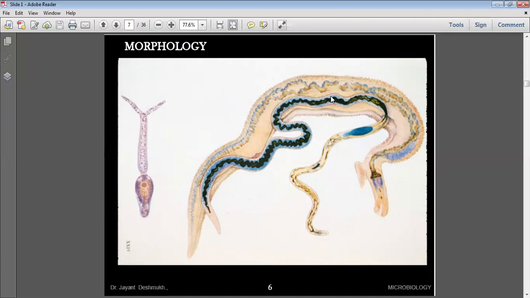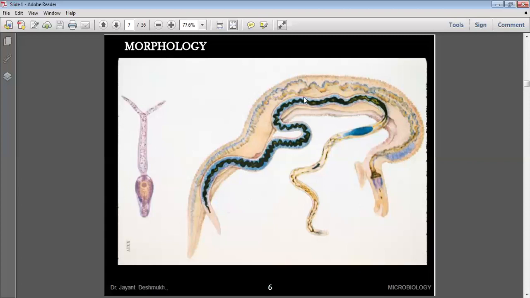It is 1 millimeter thick and 15 millimeters in length. 15 millimeters means 1.5 centimeters, very small. Compared to the male, this is the female, the blue one, which is longer. It is 20 millimeters, meaning 2 centimeters, but very thin, 0.25 millimeter.